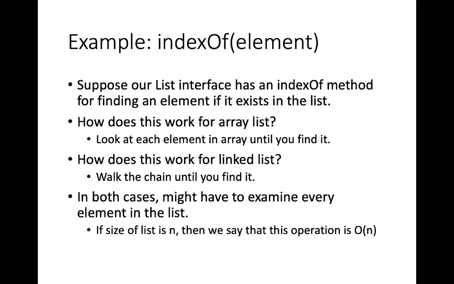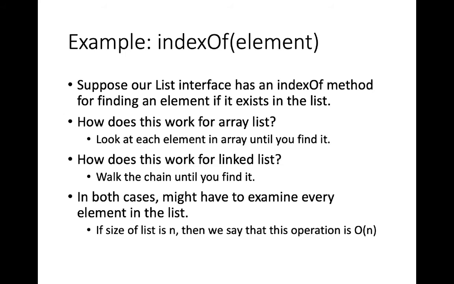When we say an operation is O of n, we're basically saying it's going to take time proportional to n, and n is some kind of idea of size related to what we're talking about. Usually you don't have to define n formally because it's obvious from context.